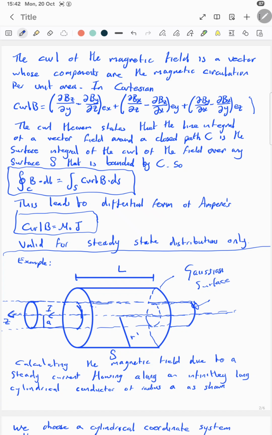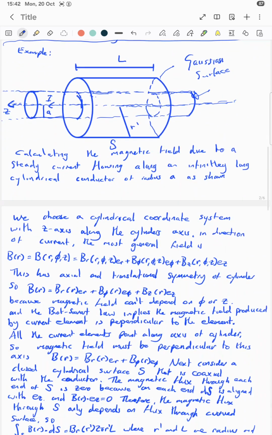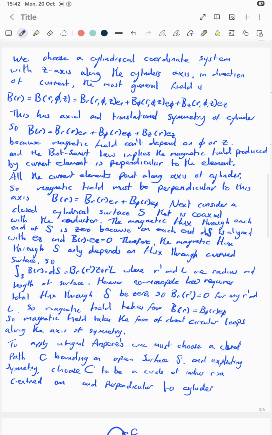Anyway, we calculate the magnetic field due to a steady current flowing along an infinitely long cylindrical conductor of radius a, as shown here. We choose a cylindrical coordinate system with the z-axis pointing along this cylinder's axis in the direction of the current.